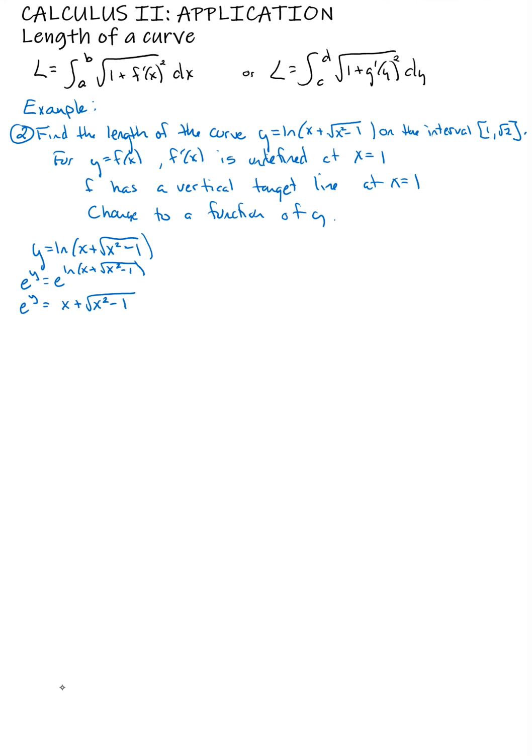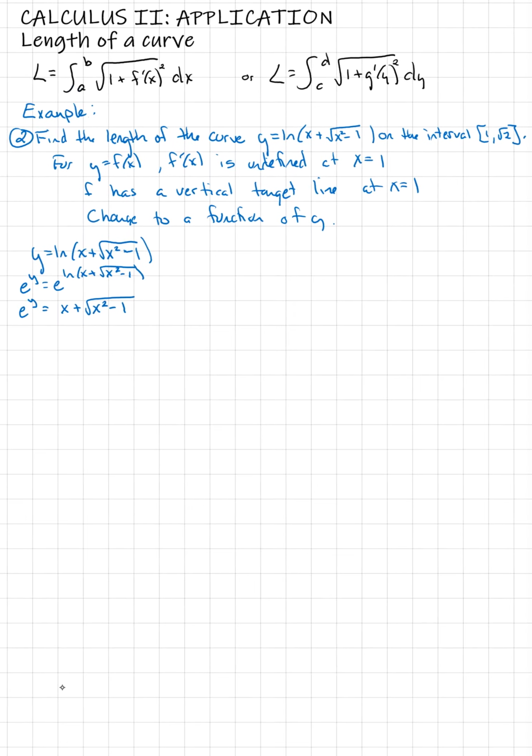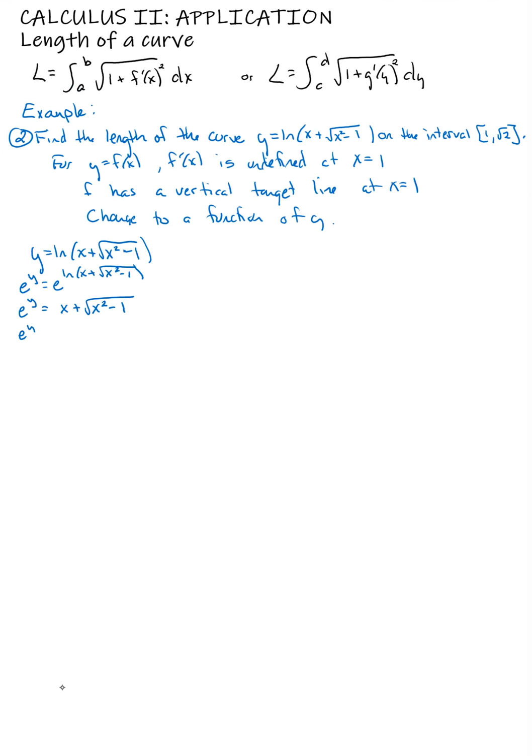Now I need to get rid of the radical. So let me isolate the radical first, and then we'll clear the radical. So when we square e to the y minus x, we get e to the 2y minus 2x e to the y plus x squared on the left side.